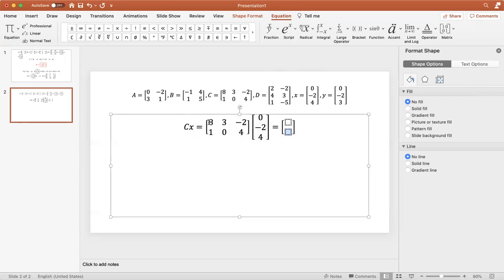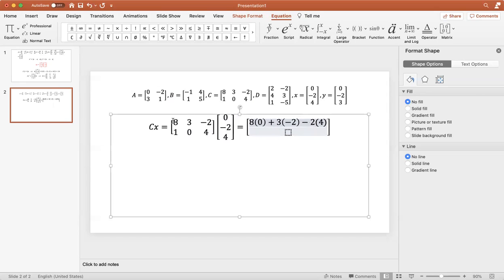Why? Because if I multiply this first row with this column vector, I'm going to get 8 times 0 plus 3 times negative 2 plus negative 2 times 4.